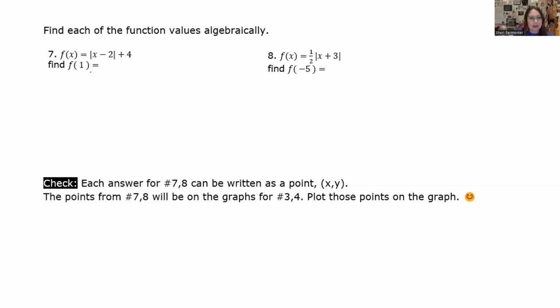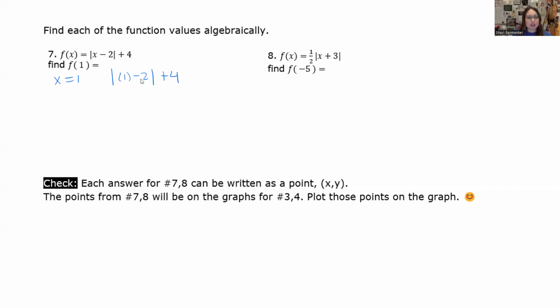That means that X equals 1. So we're going to plug in X equals 1. When we rewrite this problem, I'm going to write it as the absolute value of 1 minus 2, plus 4. And I'm going to evaluate very slowly.